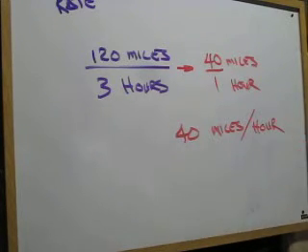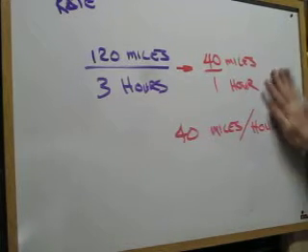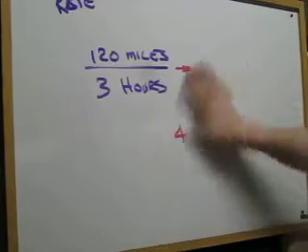So the speed is 40 miles per hour. It's a rate. It's how fast they were going. For the most part in this lesson, we're going to look at just reducing some of these rates. And again, the only difference between a rate and a ratio is the ratio has the same unit and a rate has a different one.